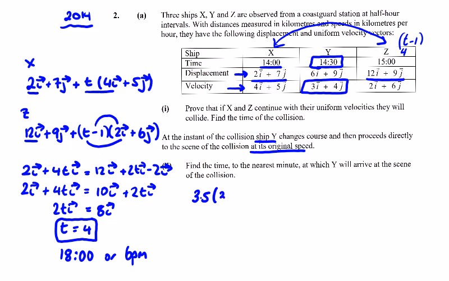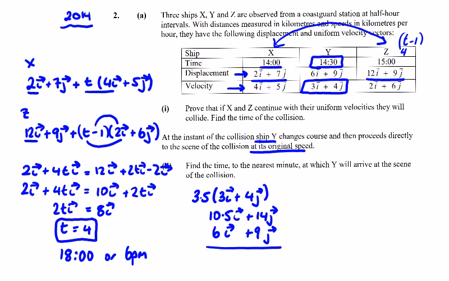So it's going to have moved 3.5 times this, which will be 10.5i extra and 14j extra on top of its original position, which was 6i plus 9j. So at 6 p.m. ship Y is in position 16.5i plus 23j. So it's going to go directly to the collision.